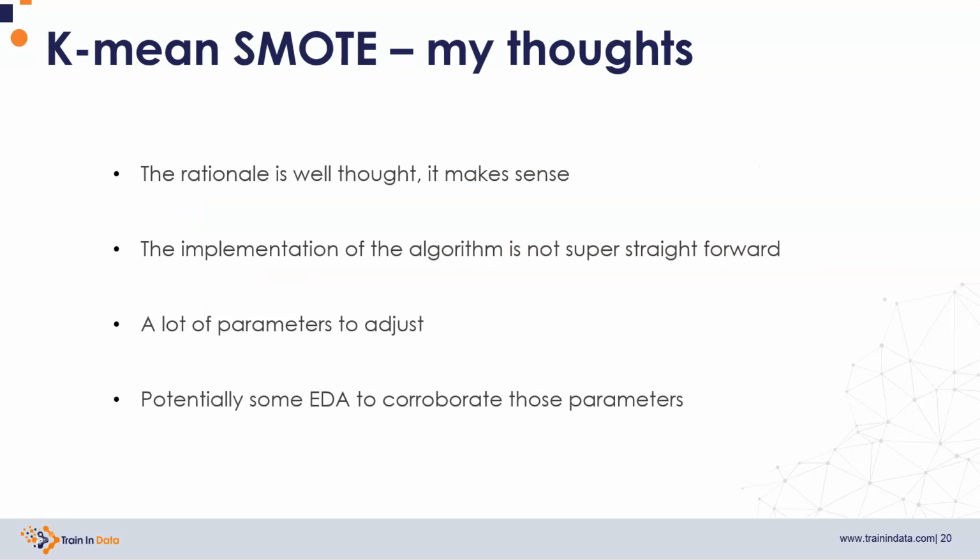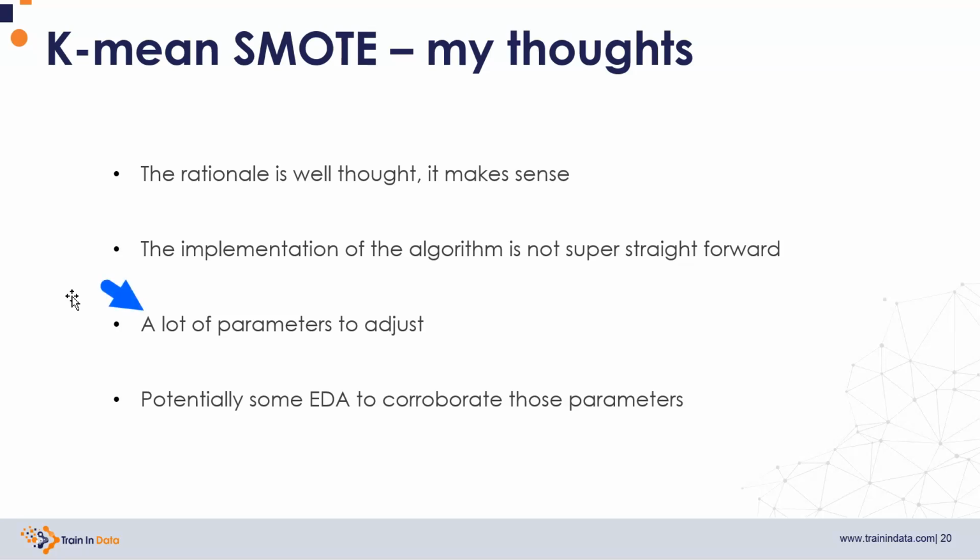Now I want to wrap up with my thoughts about this technique. K-Means SMOTE is very well thought. It has a logic that makes sense. And the criticisms done to SMOTE, they are true and they are real. The problem that I see is that the implementation of the algorithm, so the implementation of K-Means SMOTE, is not super straightforward because there are some hyperparameters that we need to adjust.